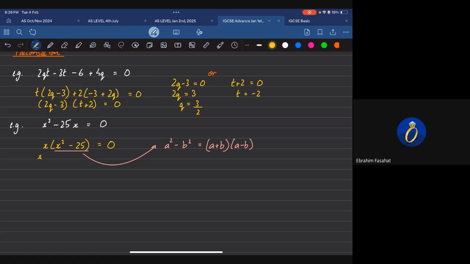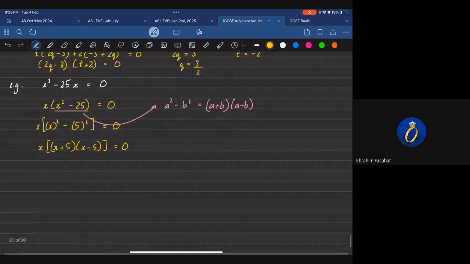So now you're going to have x on the outside, and on the inside you can write it as x squared minus 5 squared is equal to 0. Then simply what you can do is x times x plus 5 times x minus 5, which is going to be equal to 0.